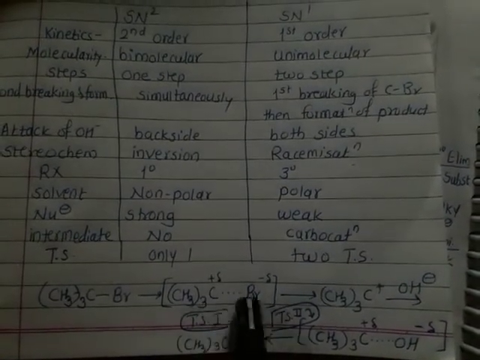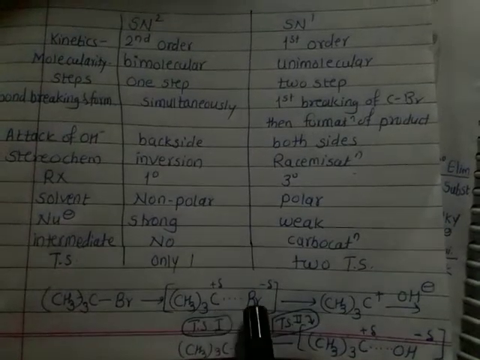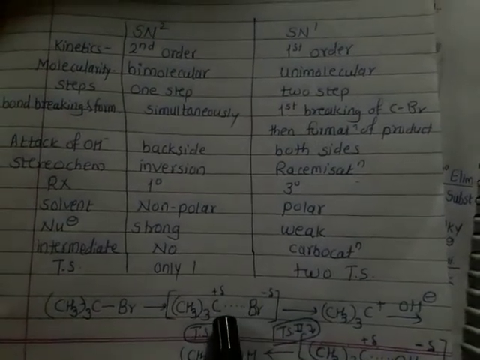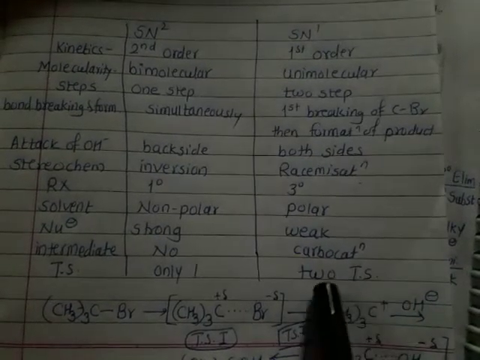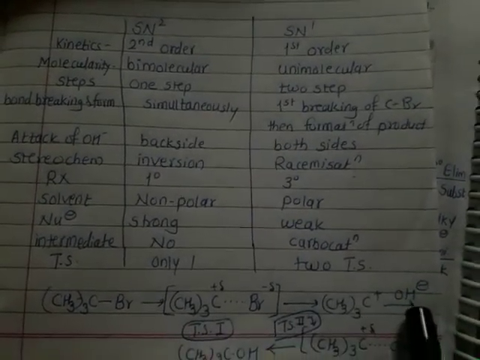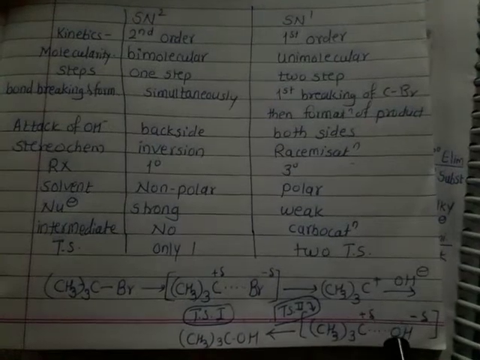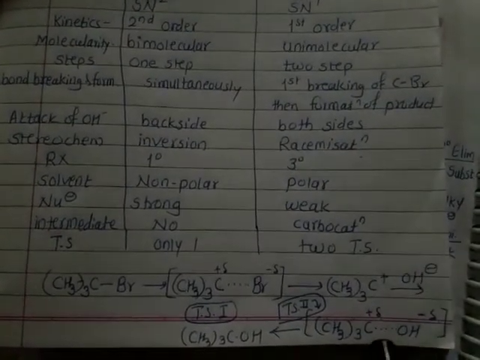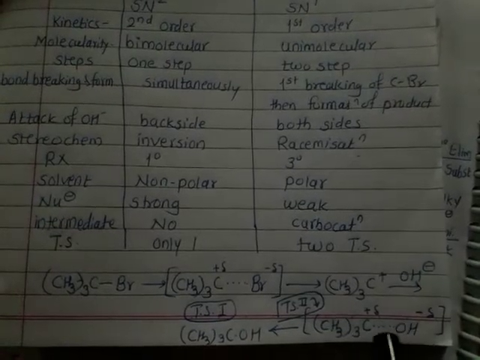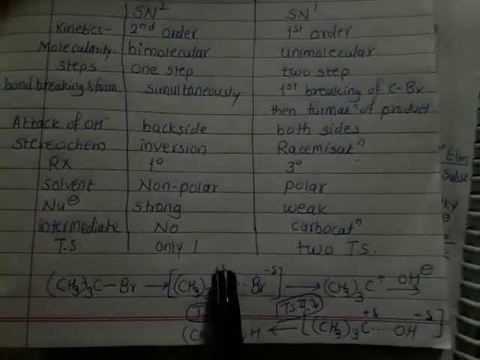The C-Br bond starts breaking. So there is partial breaking of the C-Br bond. Then the C-Br bond breaks completely and we get this carbonium ion. Then OH minus attacks this carbonium ion and the C-OH bond is not formed permanently. A partial bond is formed between these two, C and OH. I have shown here a dotted line. Here also a dotted line.